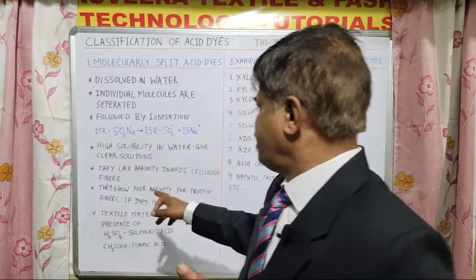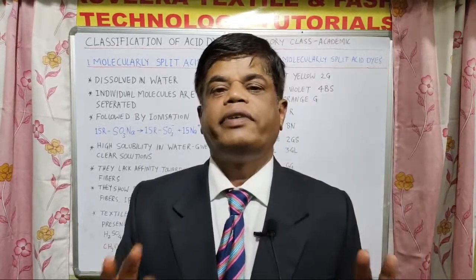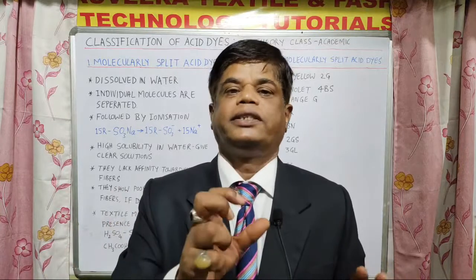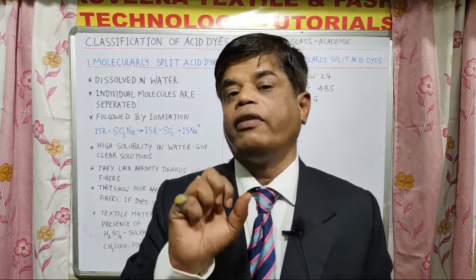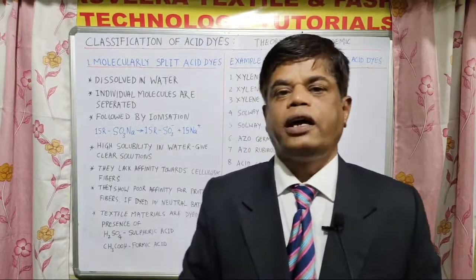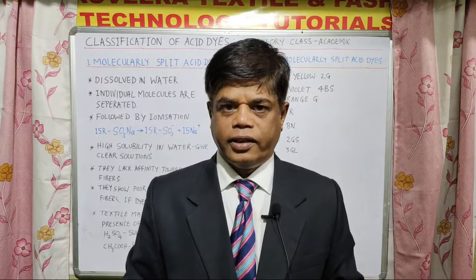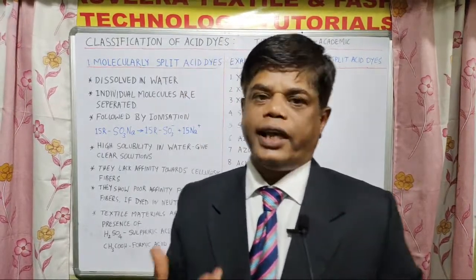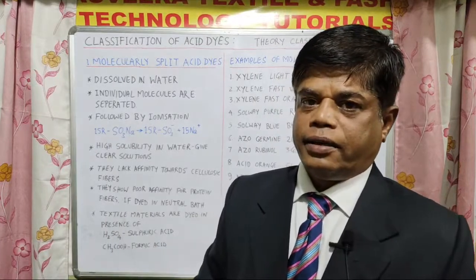They will dye, but the percentage of absorption, the percentage of dyeing, will be poor. In dyeing terms, what is exhaustion? Complete exhaustion of the dyes. To get complete exhaustion of the dyes, what is required?